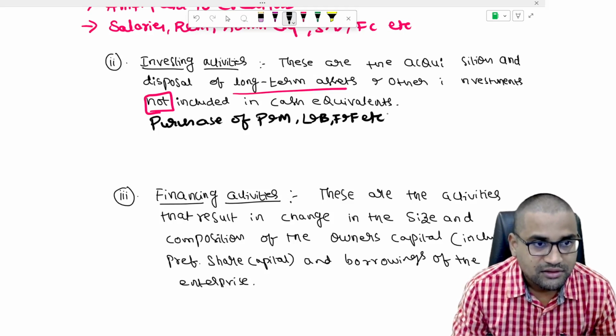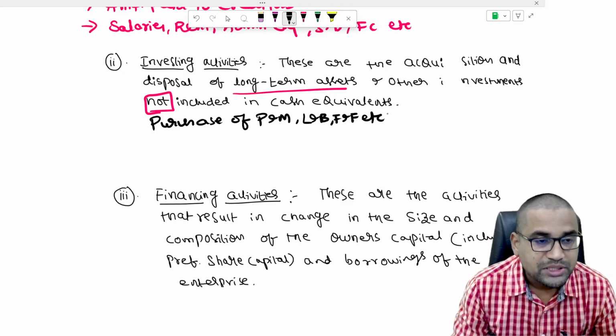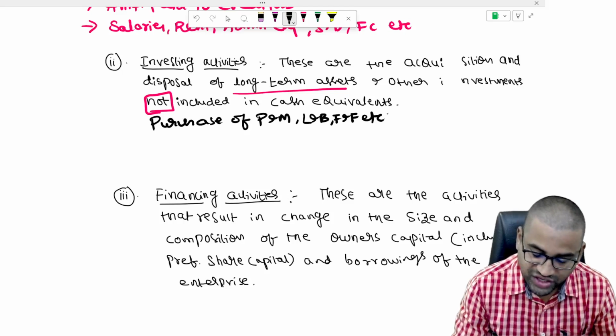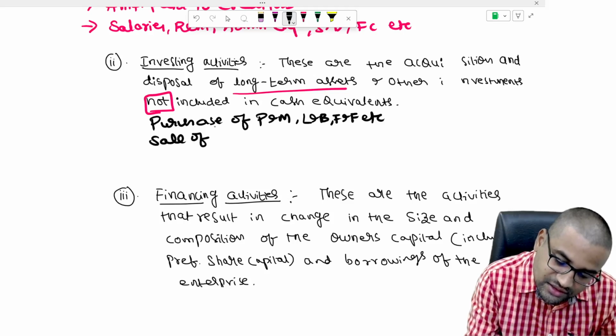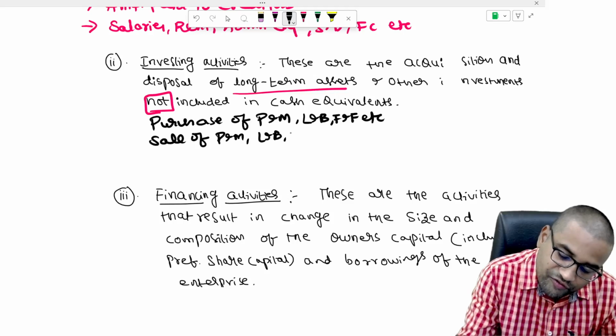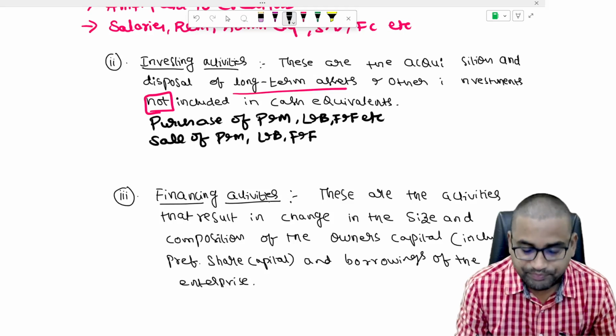Long-term assets. Similarly, sale of fixed assets like sale of plant and machinery, sale of land and building, sale of furniture and fittings, all kinds of sales will be covered here.